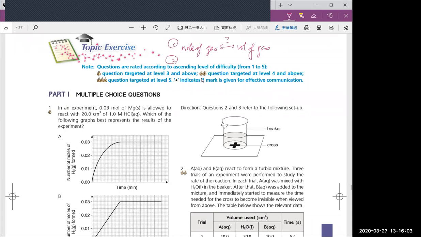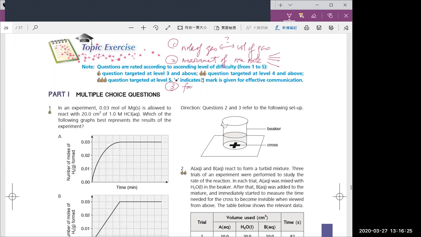And second, you are going to get to know some measurement methods of reaction rate. Depending on the different types of reaction, we have got different methods to measure the reaction rate, and there is some rationale behind.